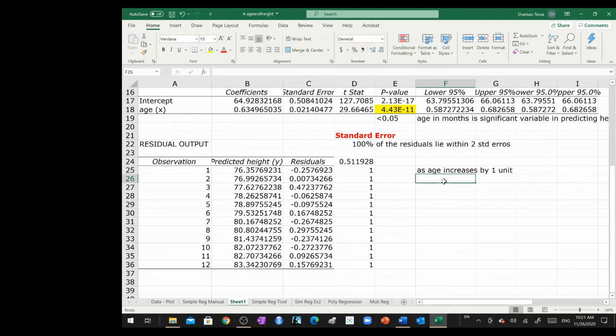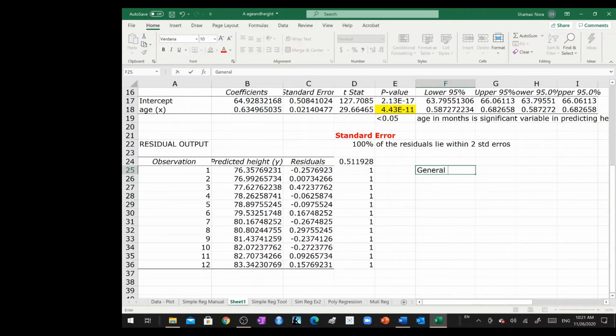So as age increases by 1 unit, height could increase or decrease. In principle, it increases. Why? This is by nature, and also because of the sign of the coefficient.